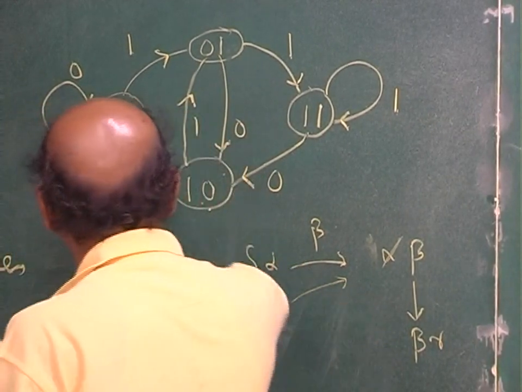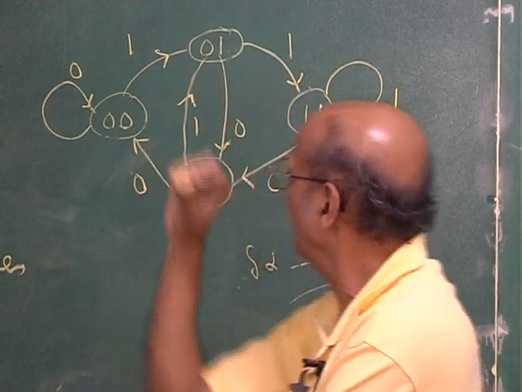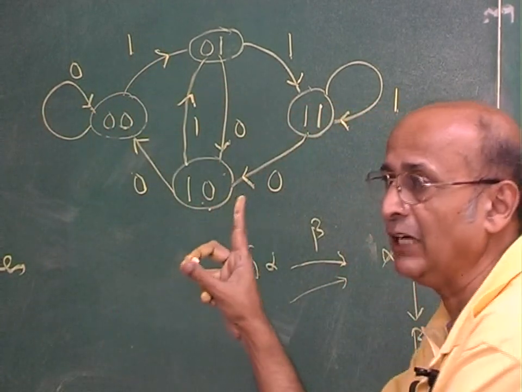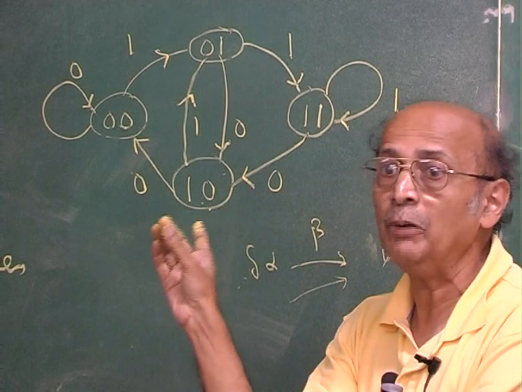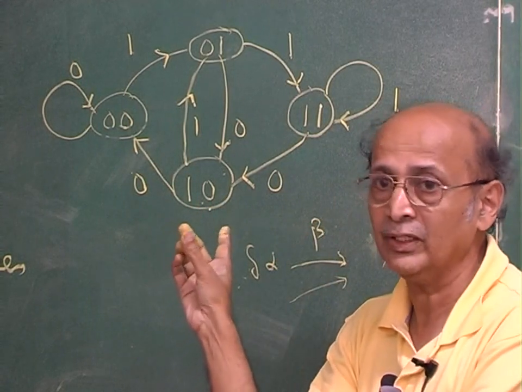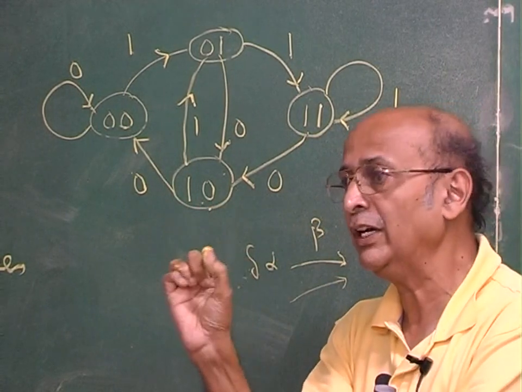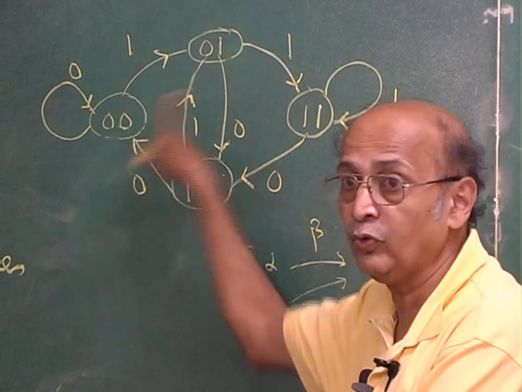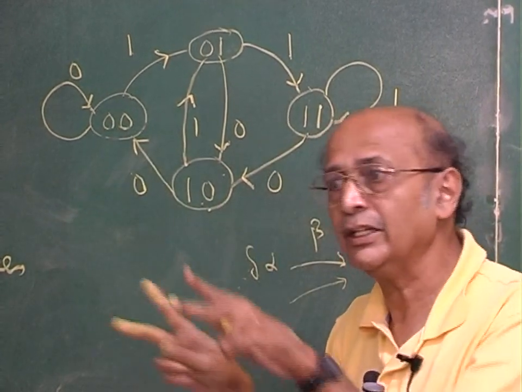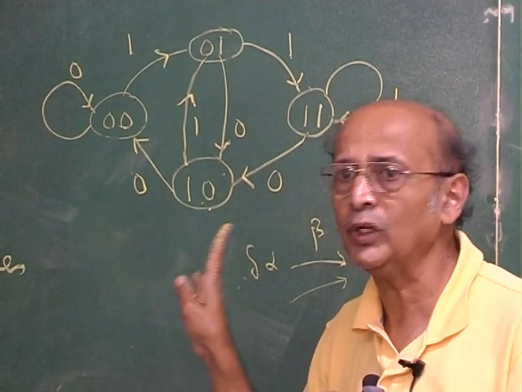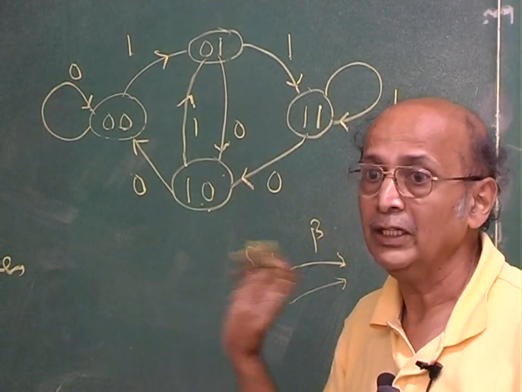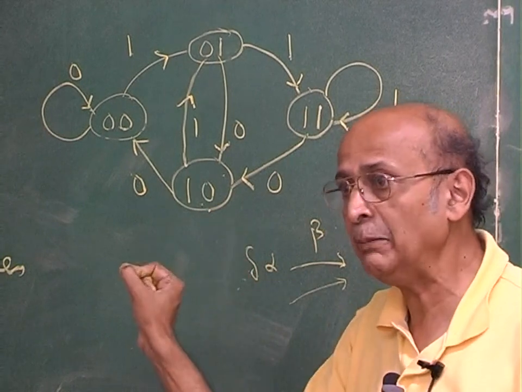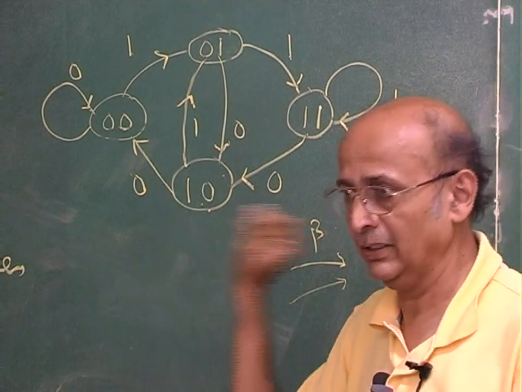Whatever Euler circuit basically traverses all possible edges. How many edges are there for this graph? The number of edges at every vertex, the out degree is equal to 2, as I just said. There are 4 vertices. At each vertex there are 2 edges going out, therefore the total number of edges is 8. For every edge there is a label.